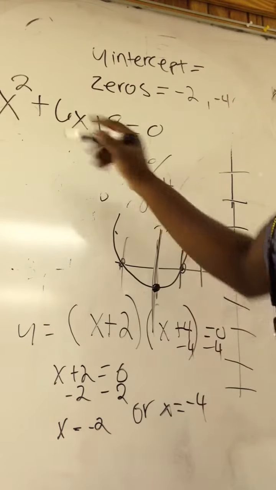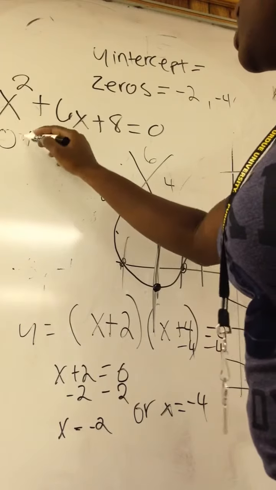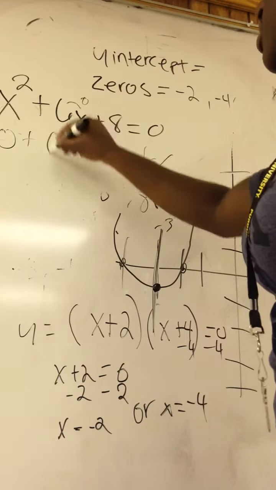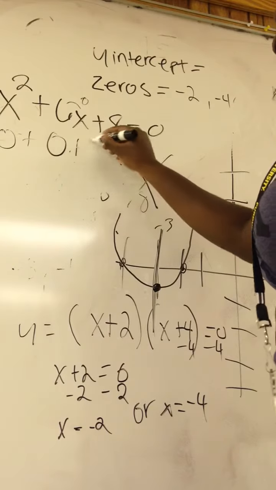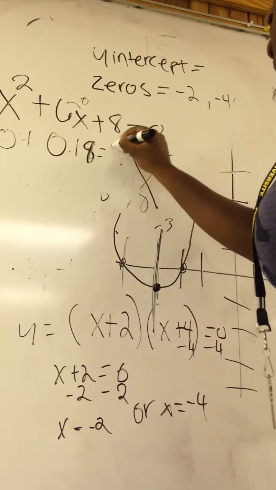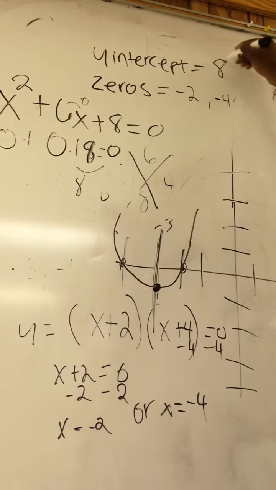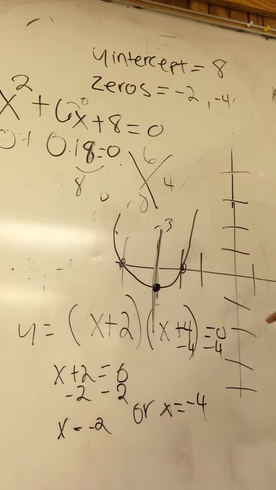We're going to have 0 plus 6 times 0, so that's 0 plus 8. So 8 is all we have left. That's how I know that is my y-intercept. So that'll probably be somewhere 1, 2, 3. We'll say it's somewhere right here. And that's my project.